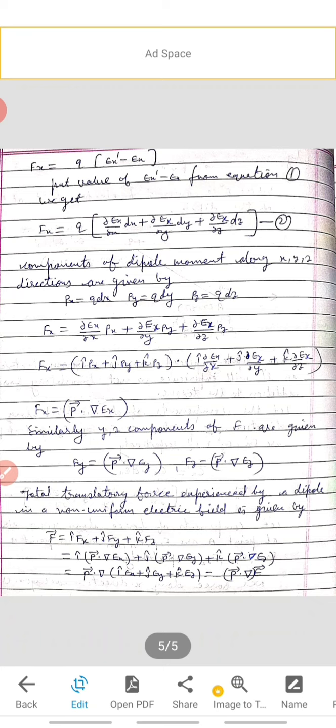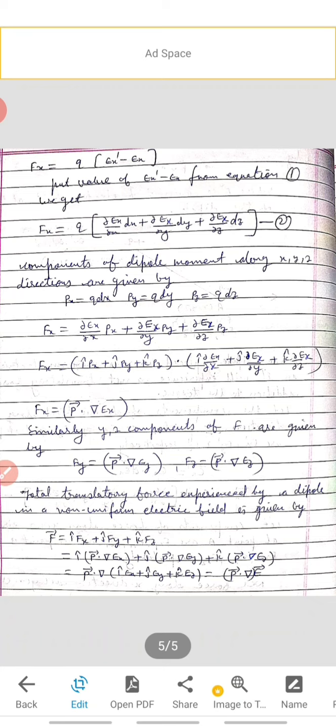Now we can find the value of Ex dash minus Ex from the first equation, and if you put this value in the above equation for Fx, then we get Fx is equals to Q into del Ex by del x into dx plus del Ex by del y into dy plus del Ex by del z into dz.